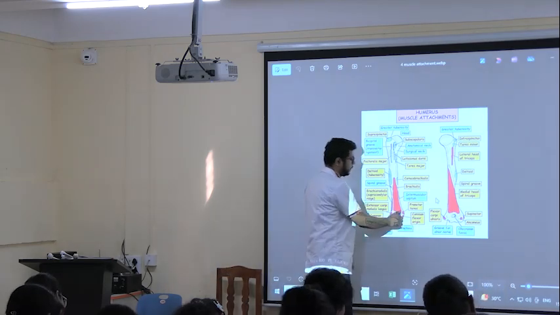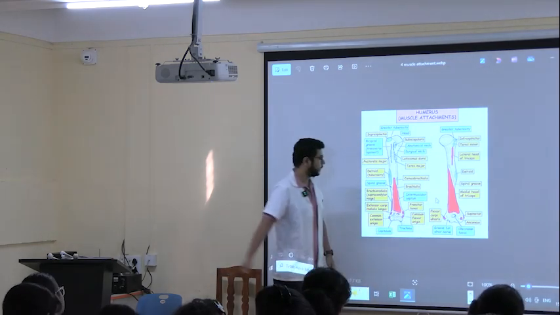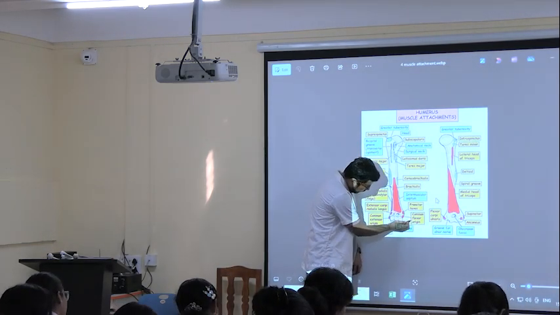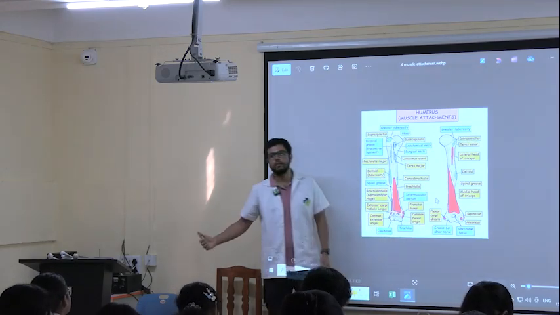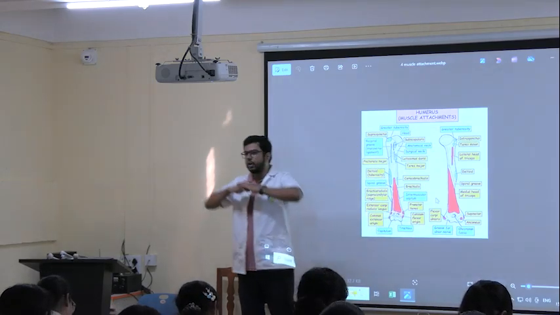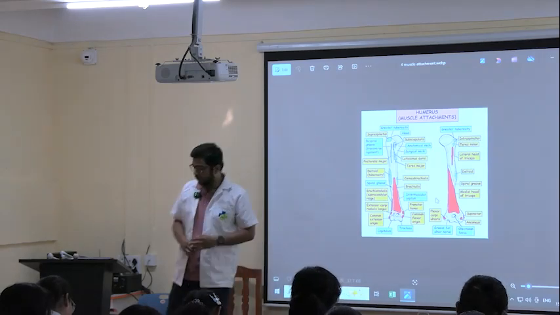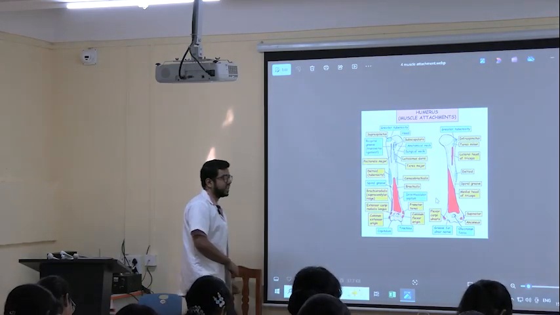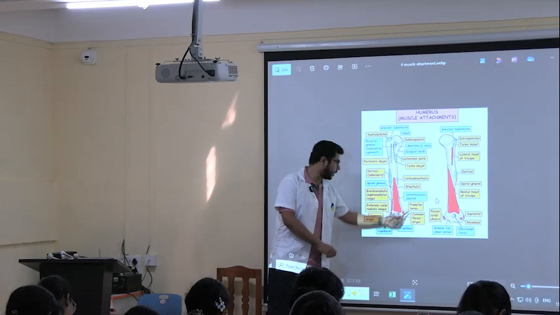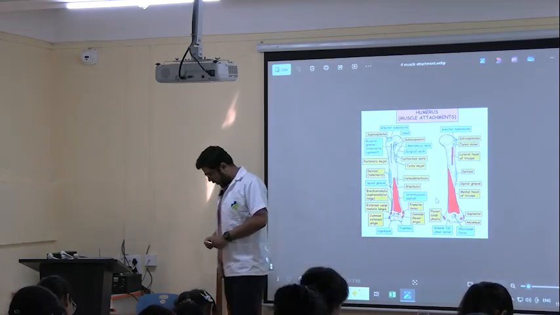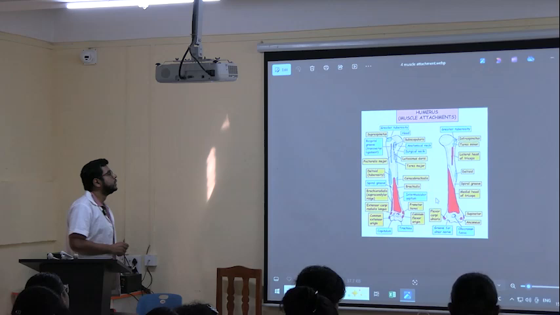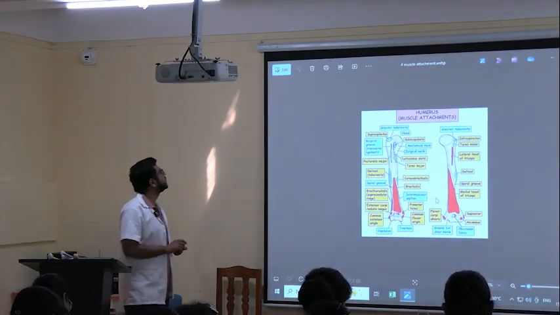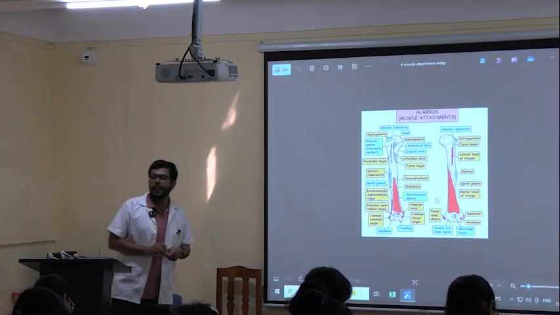So if this is medial epicondyle, okay, and this muscle is originating from here, it is little up, right? So this is supra. One is infra, one is supra. Supracondylar ridge. So you write pronator teres originates from the supracondylar ridge on the medial side.